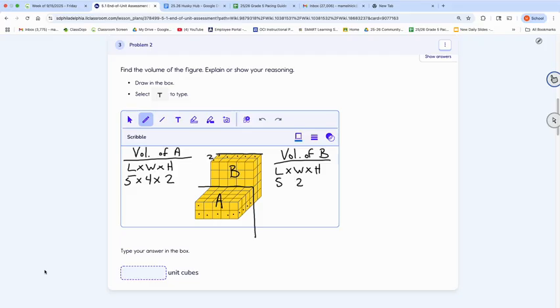And I can do the same for the back prism, prism B. Now that I have all the correct dimensions for each prism, I simply have to solve each multiplication expression. The total volume of the figure can be found by adding the volume of prism A to the volume of prism B.